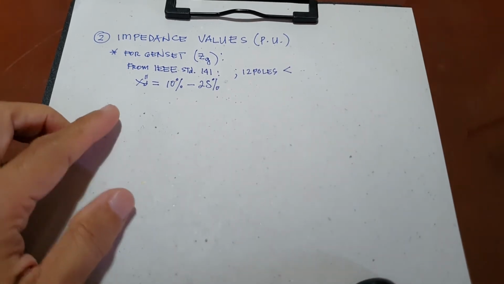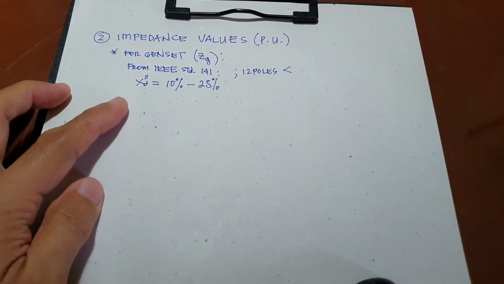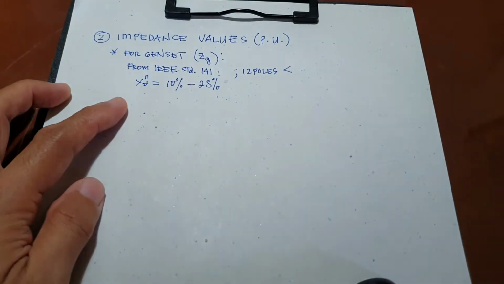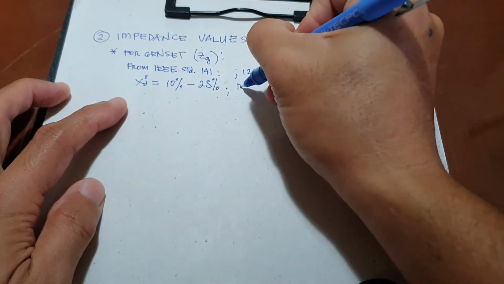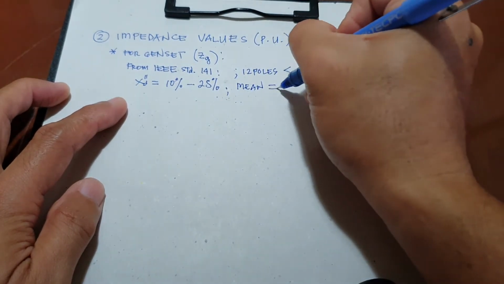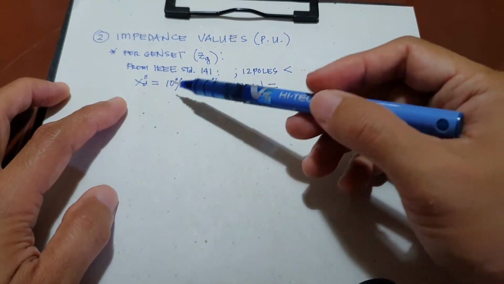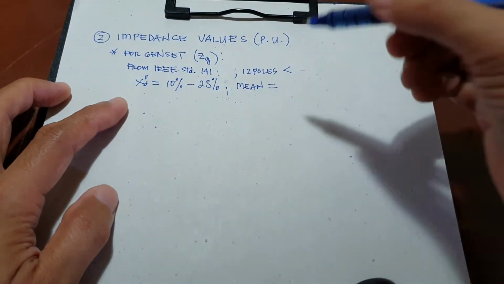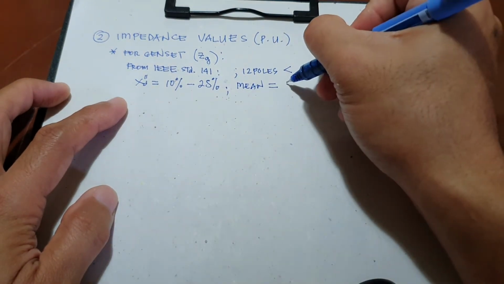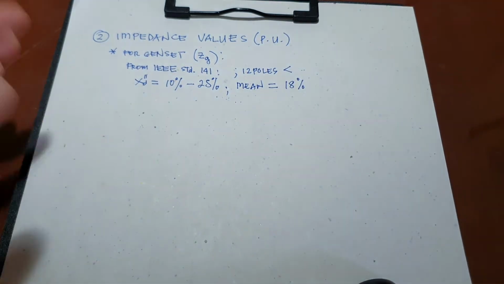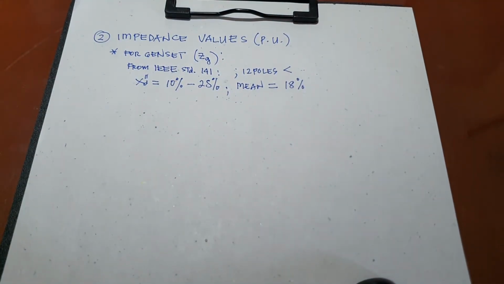Now by using the mean value, you add 10 and 25, then divide by 2, so it is estimated at around 18% subtransient reactance.